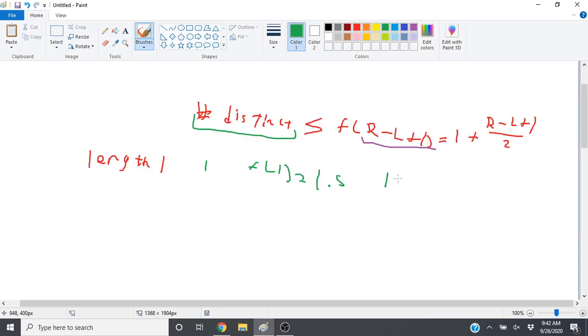So in all cases, 1 is less than or equal to 1.5, so all length 1 subarrays are always good. The same goes for length 2, in fact. We can have at most 2 distinct elements, but f of 2 is equal to 2, and in all cases, 2 is less than or equal to 2. So all subarrays of length 2 are good.